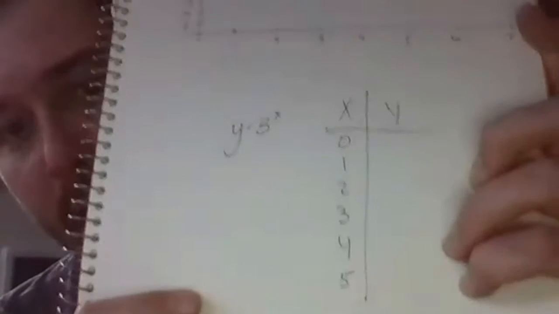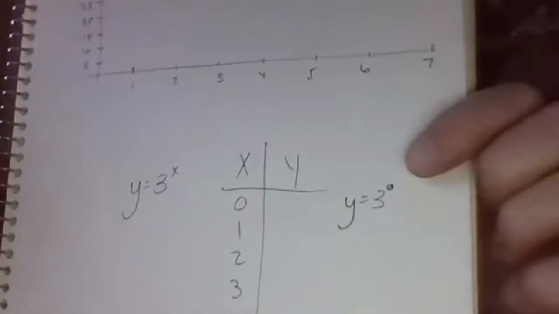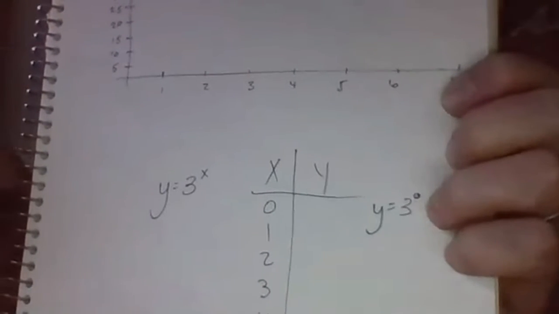So say our exponent, we'll just keep this pretty simple. Just do 0 through 5. Let's see what happens with our graph then too visually. We can have y equals 3 to the power of 0. Replacing our 0 for our x, so we have y equals 3 to the power of 0.